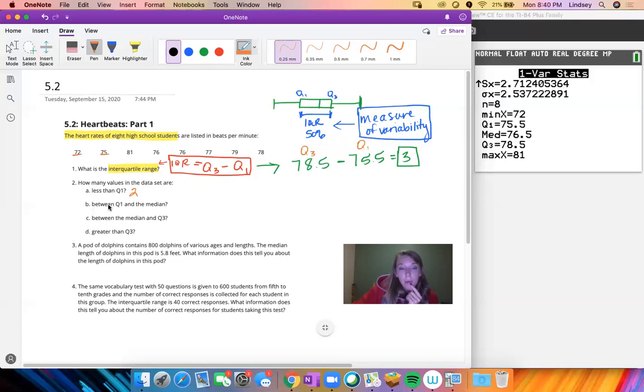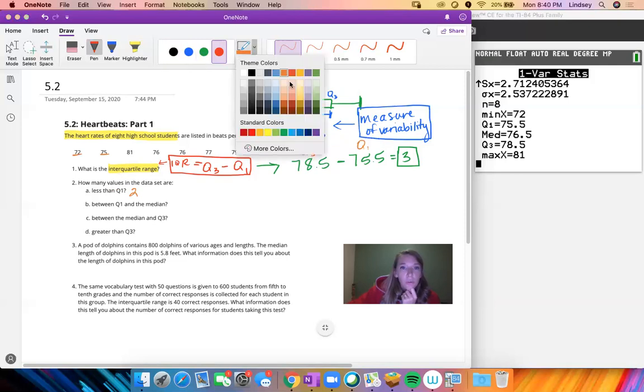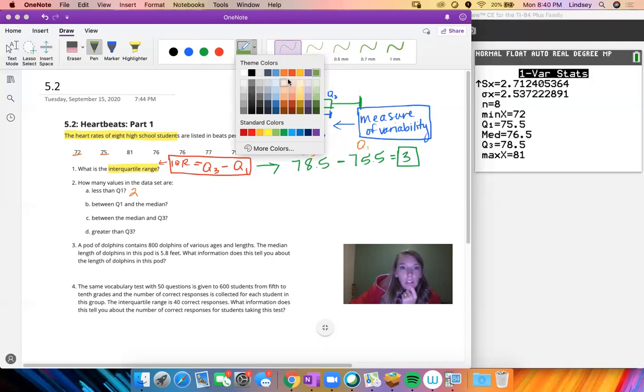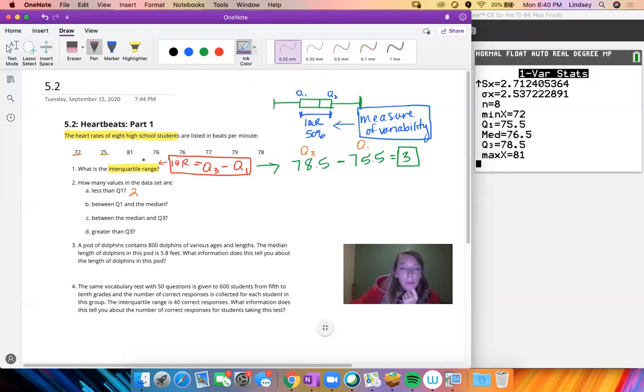Next, how many were between my Q1 and my median? Going back to my calculator, you can see my Q1 was 75.5 and my median was 76.5. So between 75.5 and 76.5, I have 1, 2.